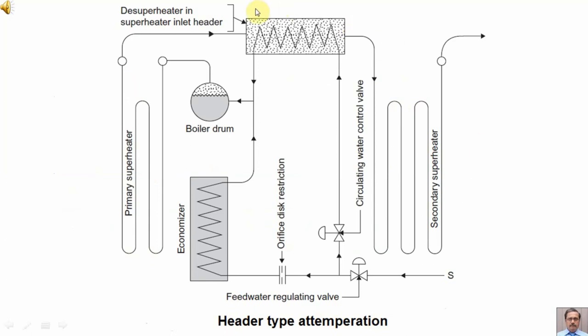Between the primary superheater and secondary superheater, there is a steam header of a bigger size in which there is an inbuilt heat exchanger, and through the coils of this heat exchanger there is circulating water, which is being controlled with the help of this circulating water control valve.